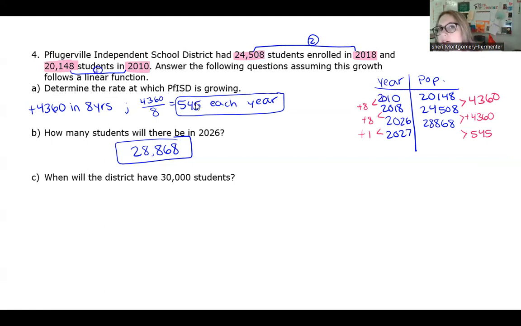Remember, we figured out that every year we add 545, but in 8 years you add 4,000. So I'm going to add each year and see when is the first year that I get 30,000. Adding by 8 years is too much.